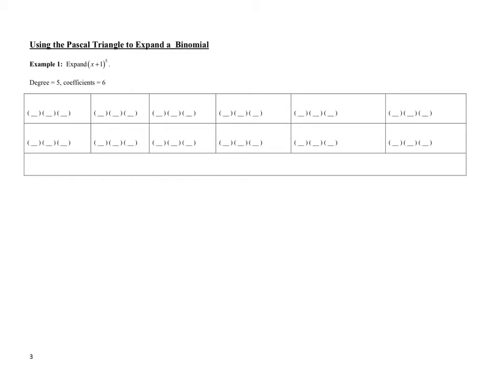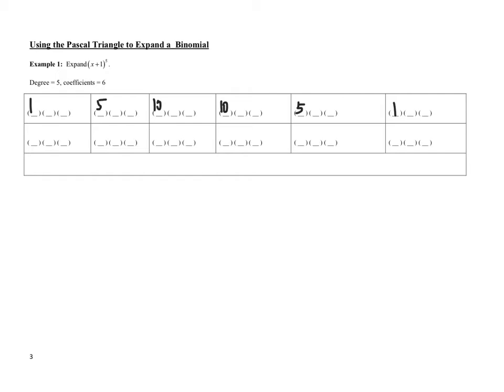So this is going to be 1, this is going to be 5, the next one is 10, the next one is 10, the next one is 5, and the next one is 1. And you can see they are symmetric. As you move from one side, you are approaching the same number in the middle.